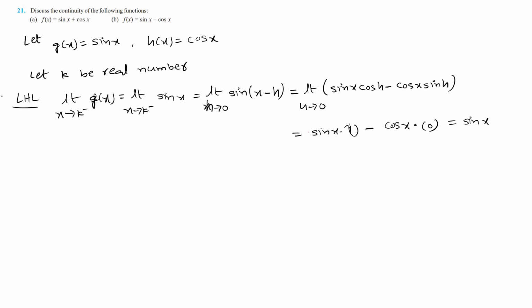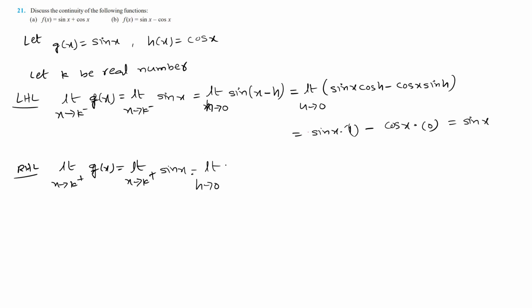Next, the RHL. If we take limit x tends to k plus of g of x, g of x is the same sin x, which is equal to limit h tends to 0 plus.